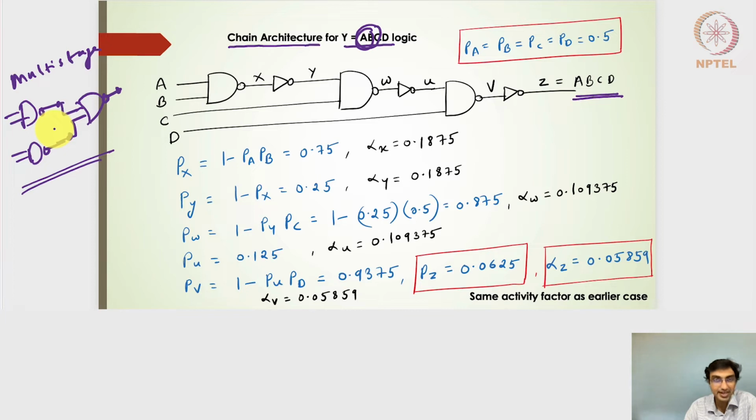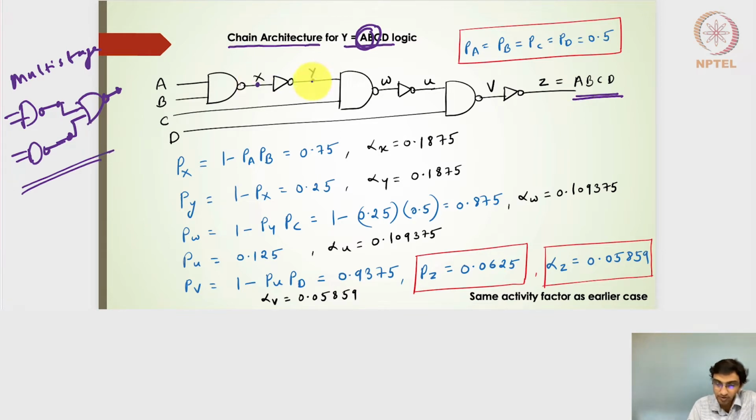So we need to extract the capacitance at each of these nodes, and estimate the activity factor at each of these output nodes, multiply that activity factor with the capacitance, do the summation, and then multiply by VDD square, which will give me the switching energy or the dynamic energy. In this particular case, I actually have a lot of output nodes.